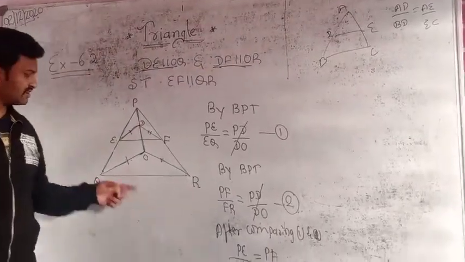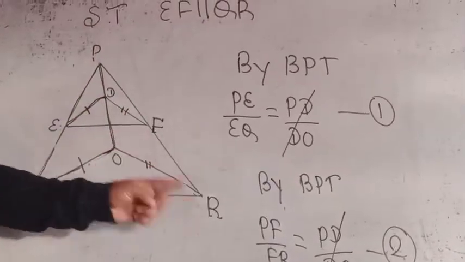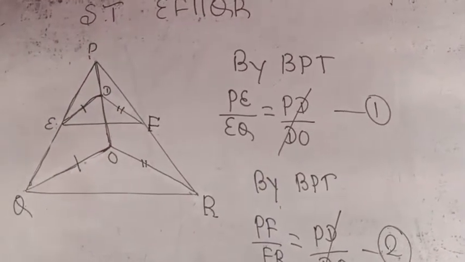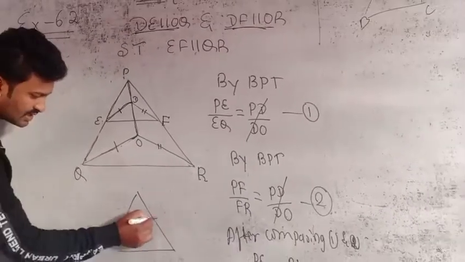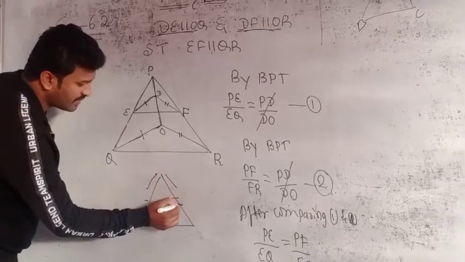Okay, what we have? PE divided by EQ, PF divided by FR. This means we got the ratio like this.